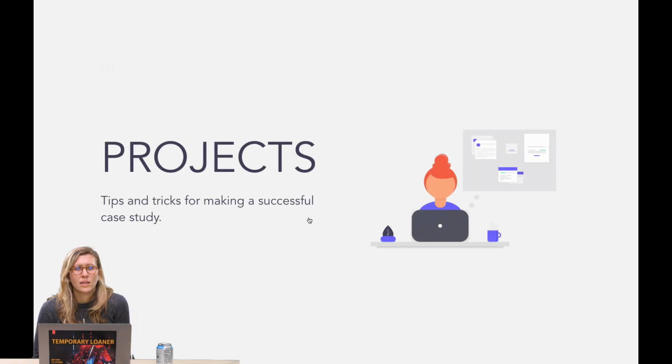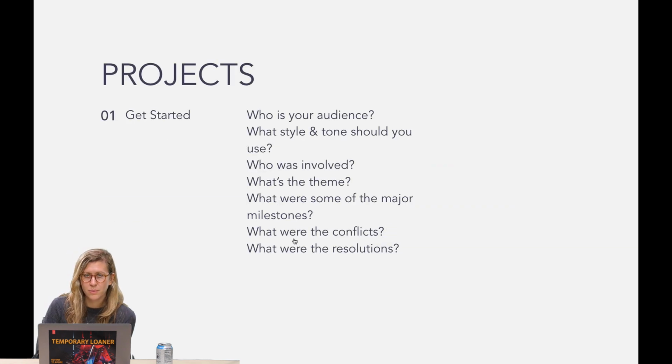Okay, so let's talk a little bit about setting up a project in your portfolio. I like to get started with even just starting a Google Doc or a Word doc, or even writing it down on paper, and when I pick a project, just say, okay, who's my audience?